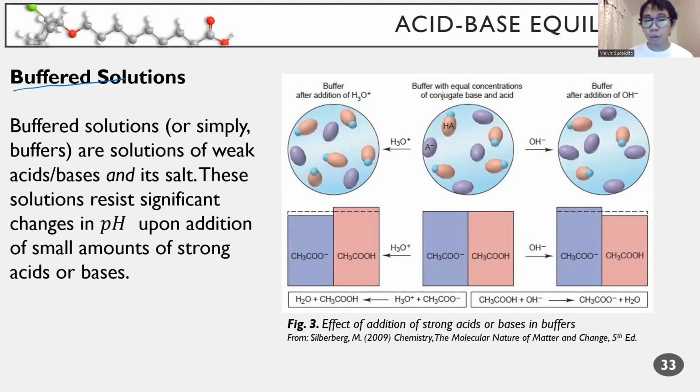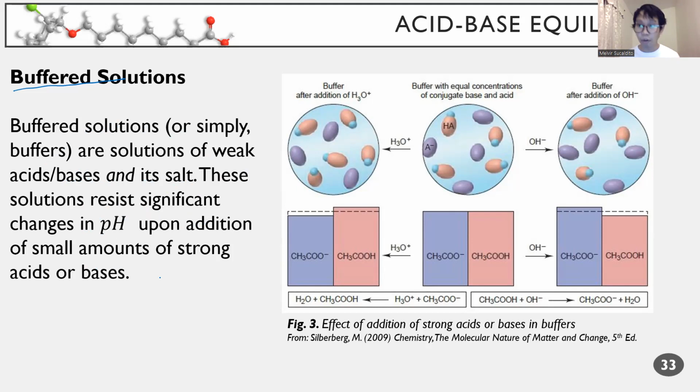Buffered solutions, or simply buffers, are solutions of weak acids or bases and their salts. These solutions resist significant changes in pH upon addition of small amounts of strong acids or strong bases.